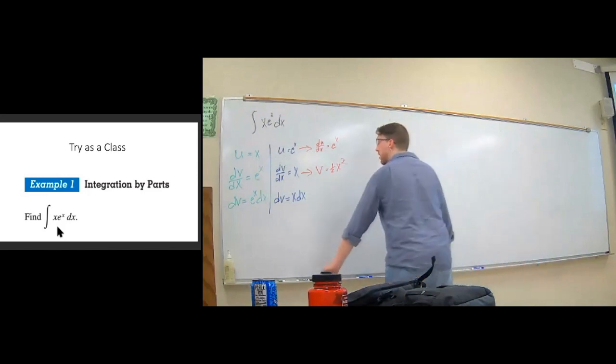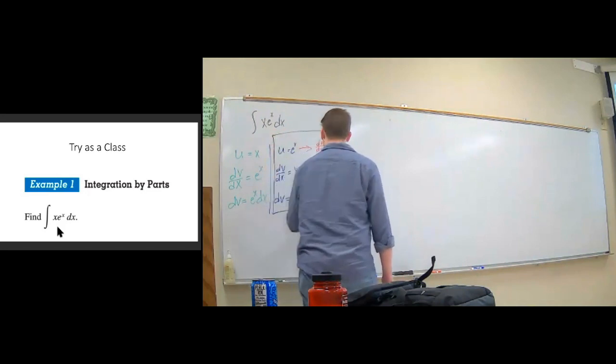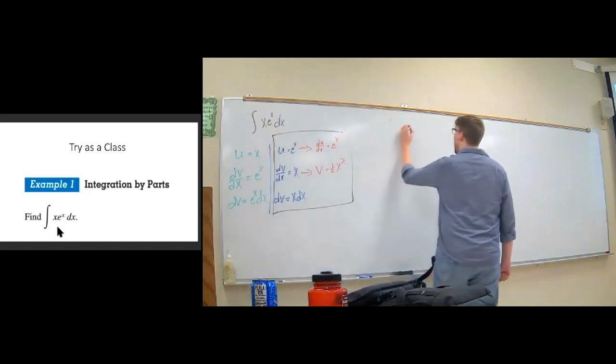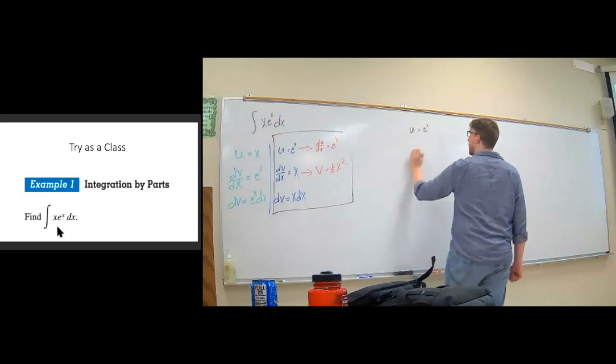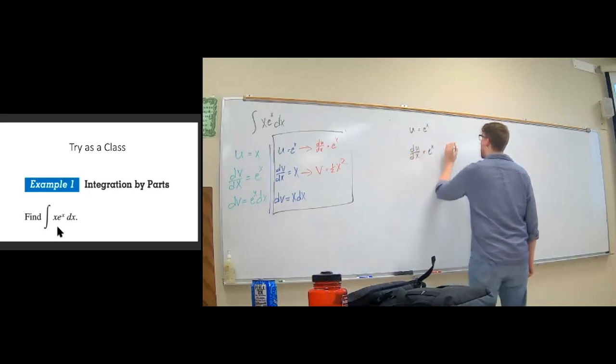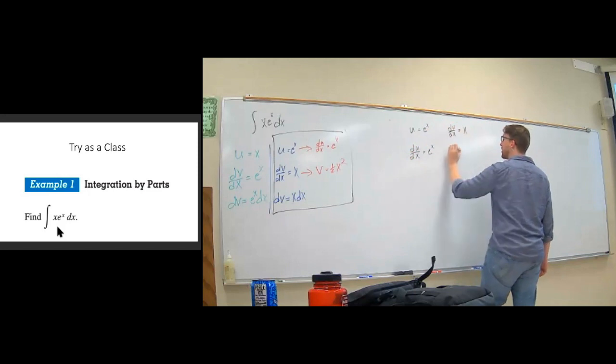So assuming we use this, we're going to have that u is equal to e to the x, then du dx is equal to e to the x, dv dx, we're arguing, is equal to x, in which case v is equal to 1/2 x squared.